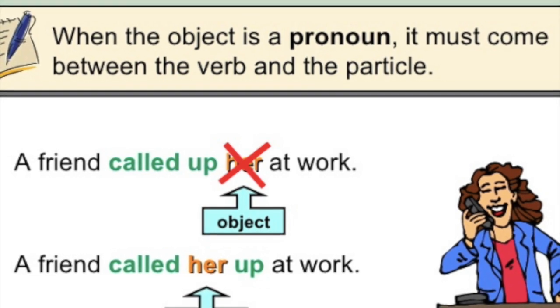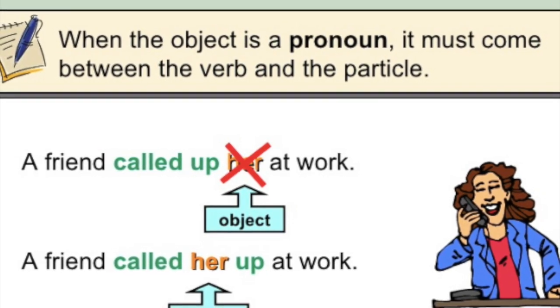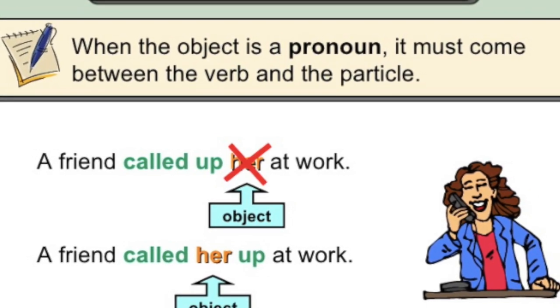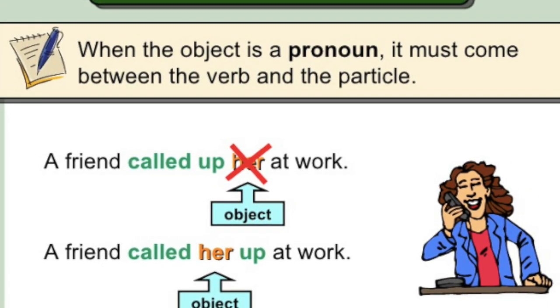It is important to remember, if you are using a pronoun for the object, it must come between your verb and your particle.